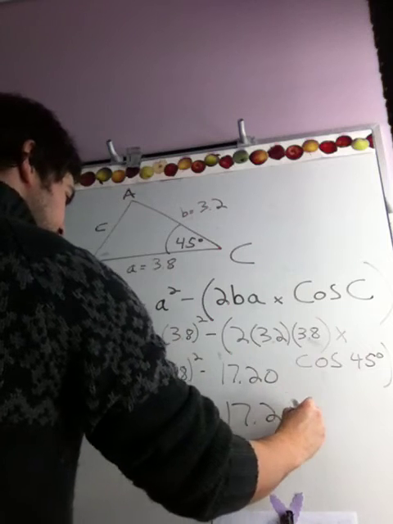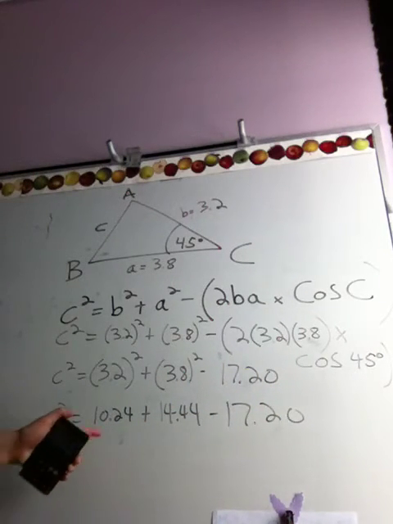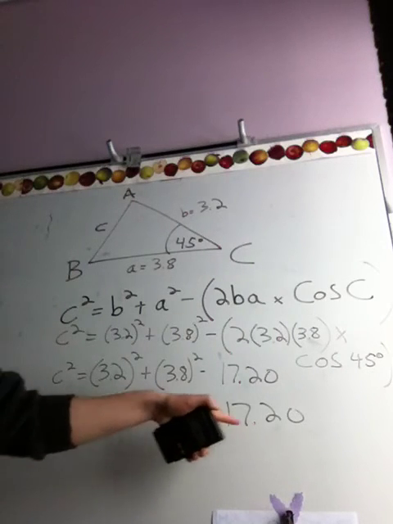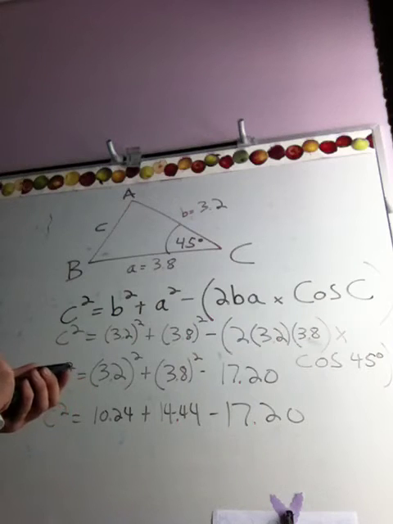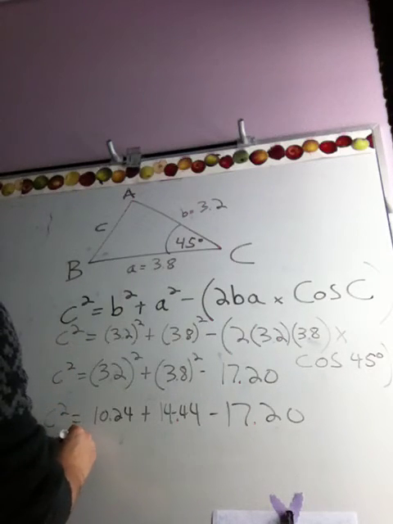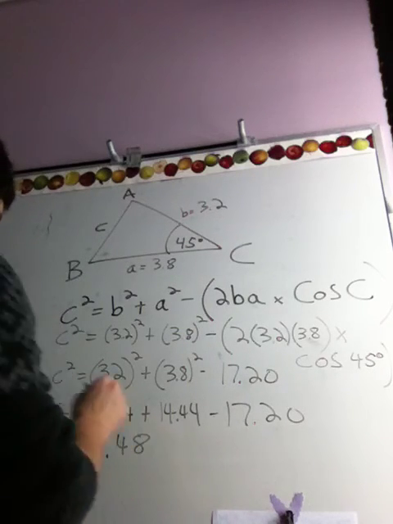And subtract the 17.20 from the last step. So now we've got this plus that, subtract that. 10.24 plus 14.44, subtract 17.20 equals 7.48. So we're almost done.